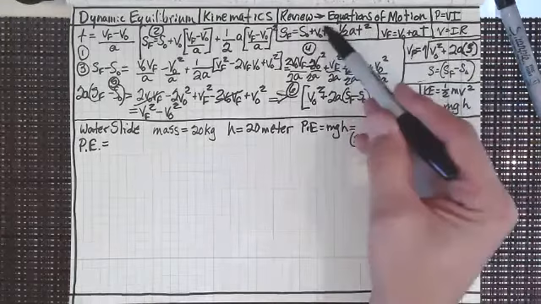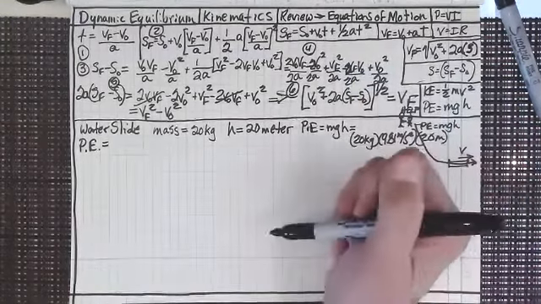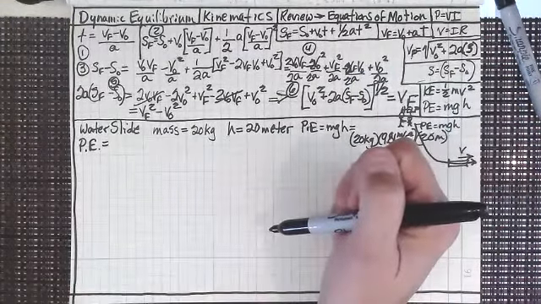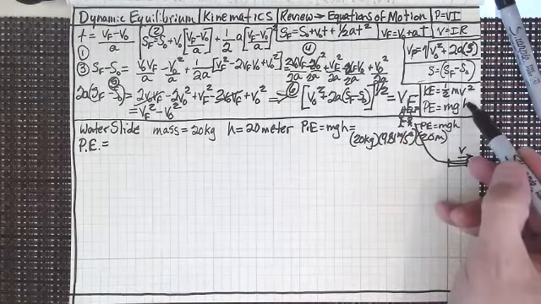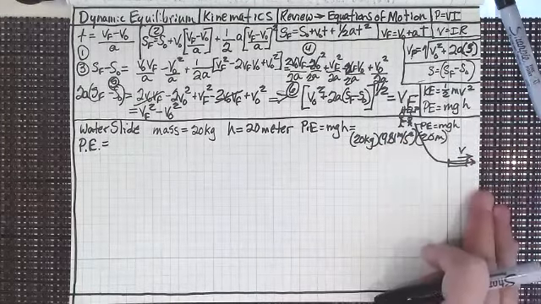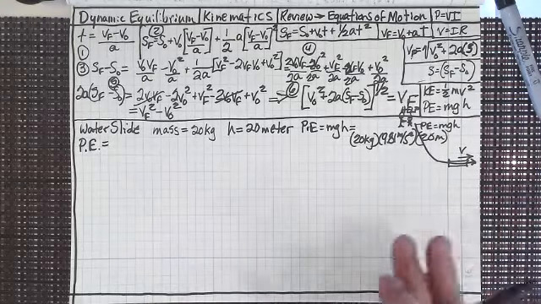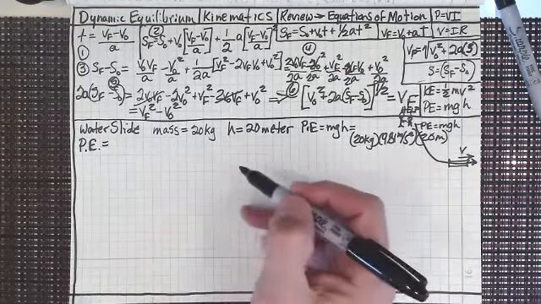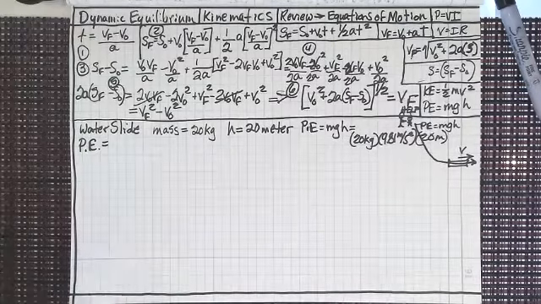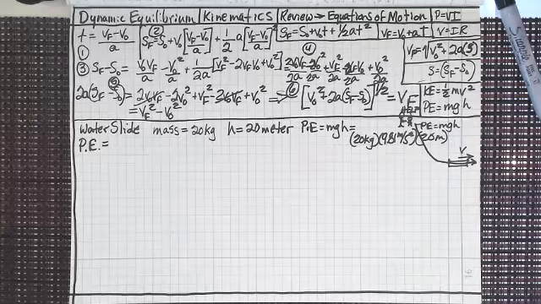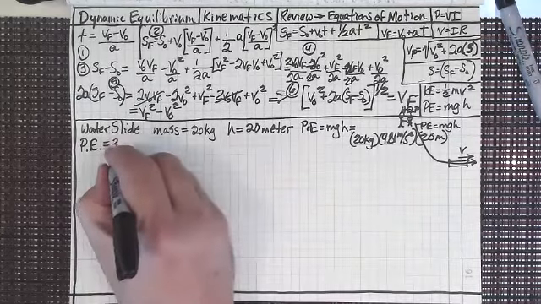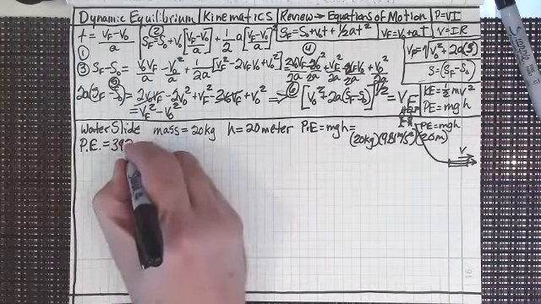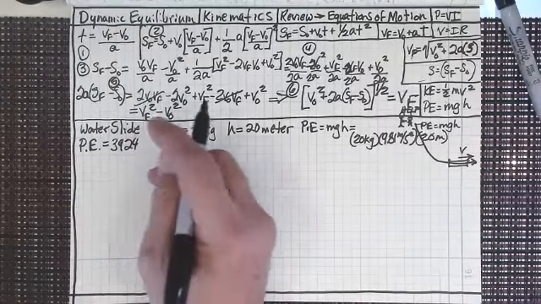Could I use my equation of motion? Sure. But I can use energy principles, and I think that would be faster in this case, right? So my potential energy then, 20 kilograms times 20 meters times 9.81 meters per second squared is 3,924 what?